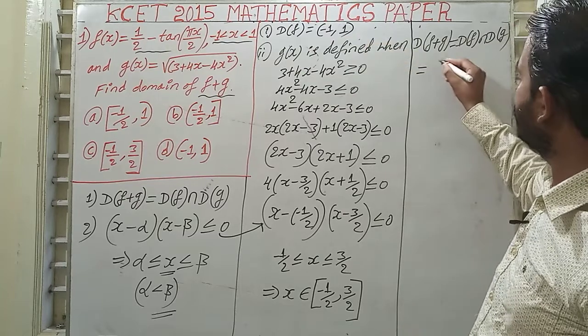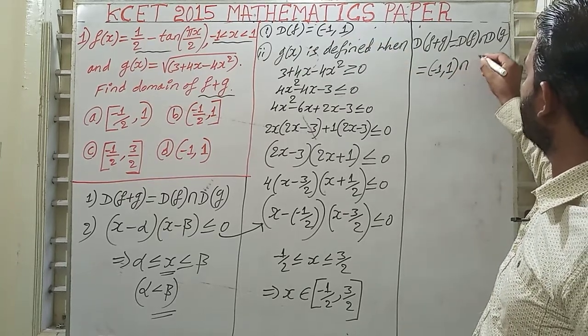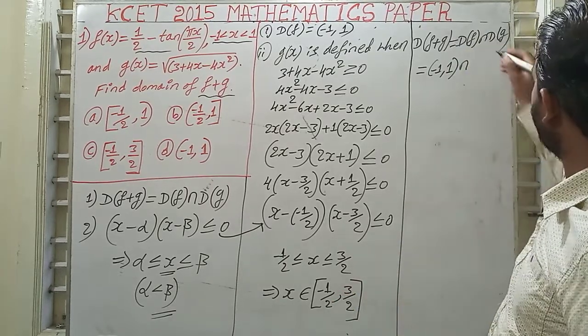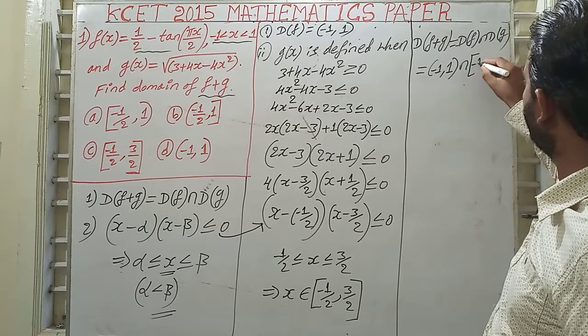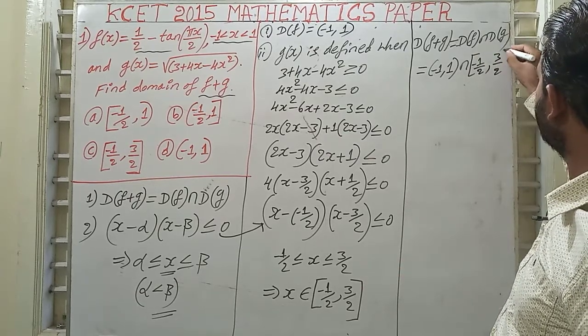Domain of f is minus 1 to plus 1, intersection domain of g, which is minus 1 by 2 to plus 3 by 2.